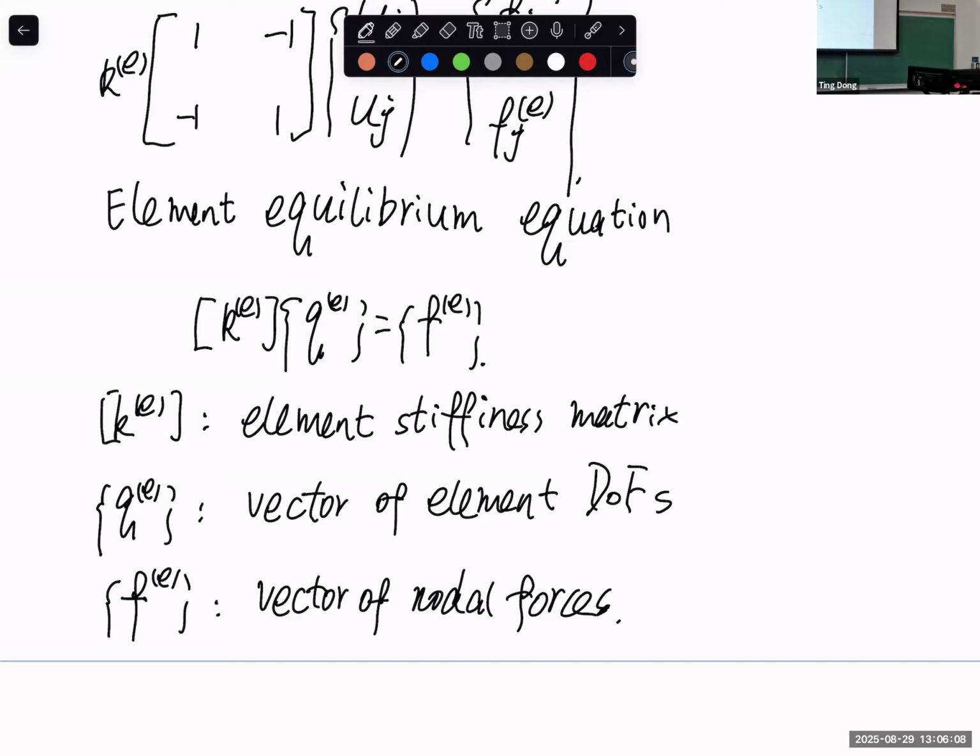It's a force applied at node I of the spring element and a force applied at node J of the spring element. So it's stiffness times degrees of freedom or displacement equal to force. It's the same as what you learned in, I don't know what class, but before you came to this class, Kx equal to F. Any other question? Okay.